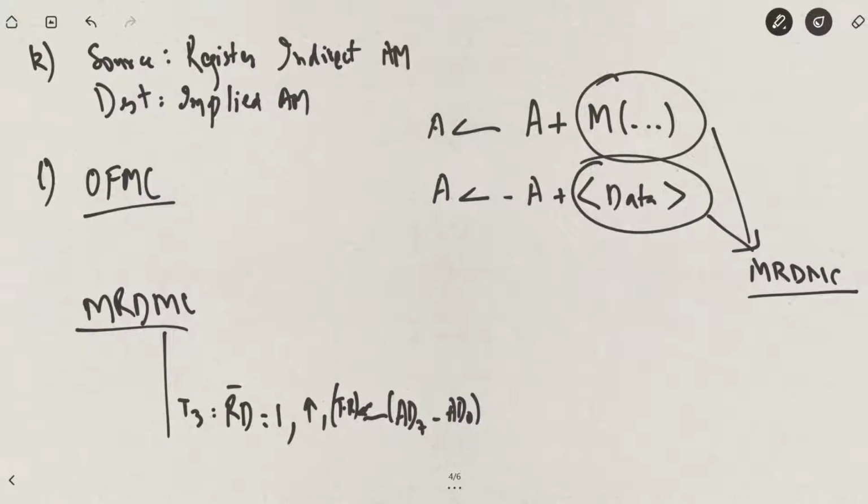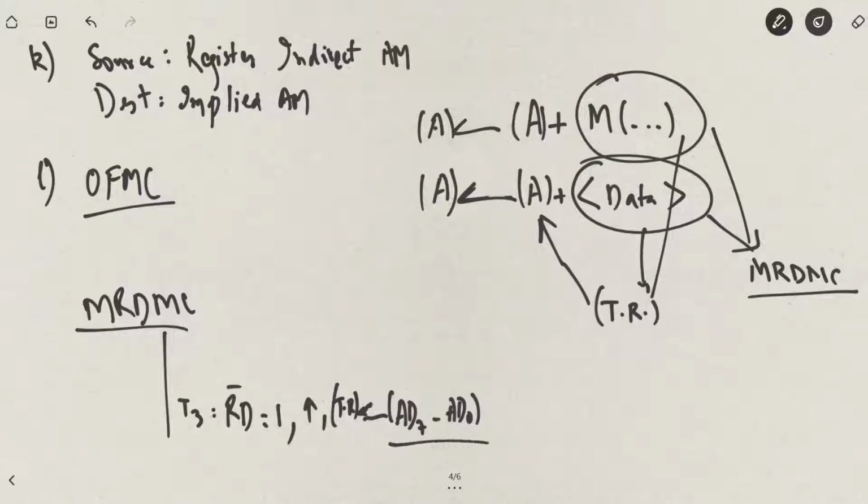Once we read this data, we do not directly add with it. This data is first transferred to the temporary register, and the temporary register is added with the accumulator. That data is stored back in the accumulator.